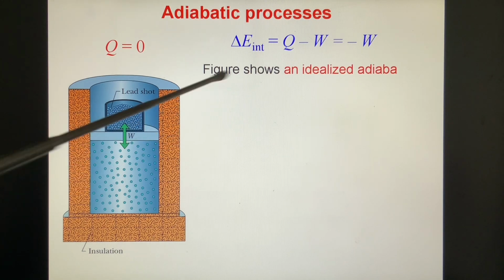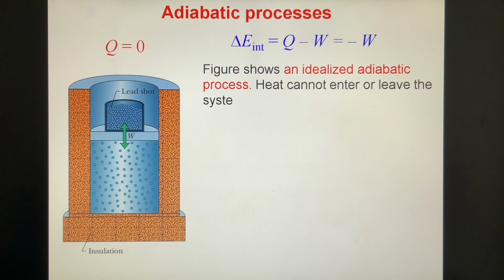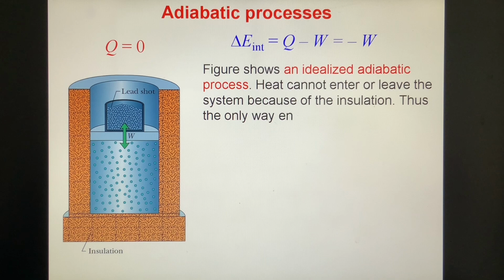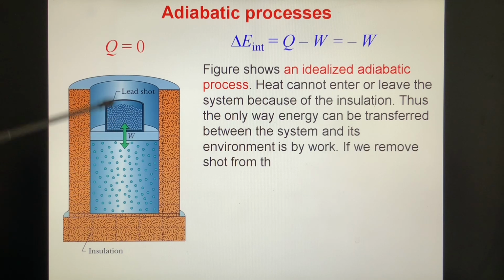This figure shows an idealized adiabatic process. Heat cannot enter or leave the system because of the insulation. Thus, the only way energy can be transferred between the system and its environment is by work.